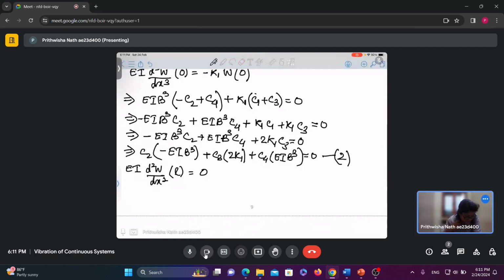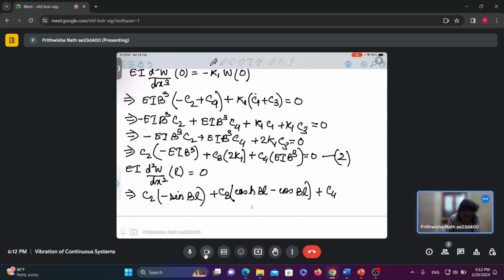Therefore the equation looks like this: C2 minus sin of beta L plus, I'm combining the terms of C3 and C1 since C1 and C3 are equal, so C3 into cos of hyperbolic beta L minus the coefficient of C1, which is cos beta L, plus C4 sin hyperbolic beta L. This equals 0.